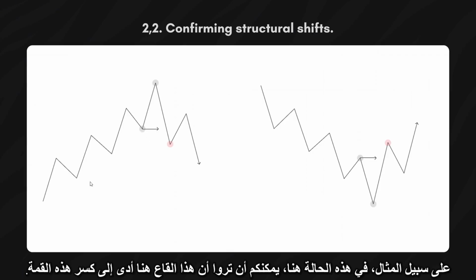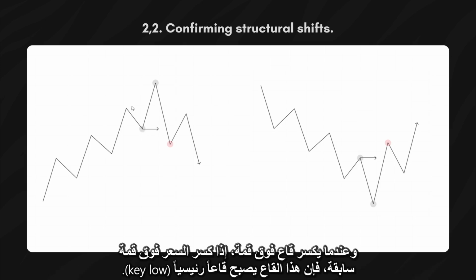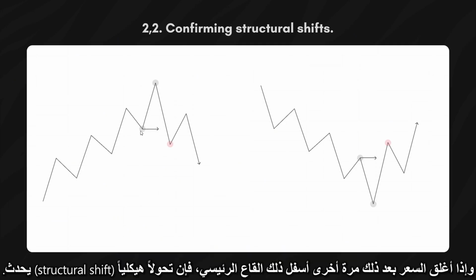For example, in this case right here, you can see that this low right here led to this high being broken. And when a low breaks above a high, if price breaks above a previous high, then this low becomes a key low.